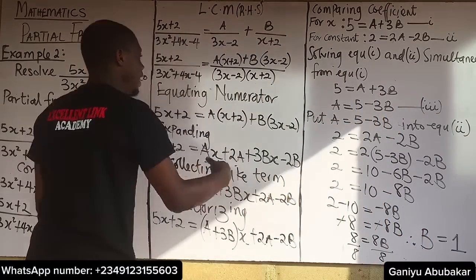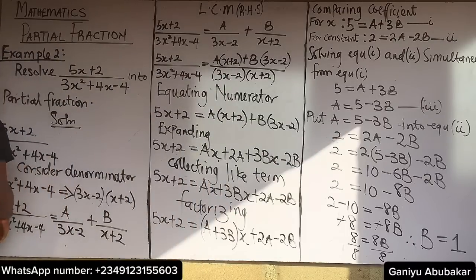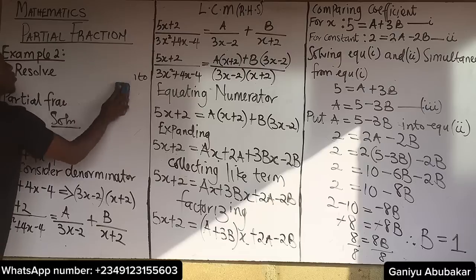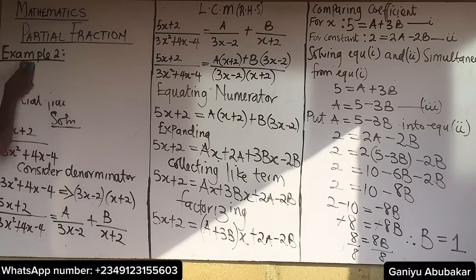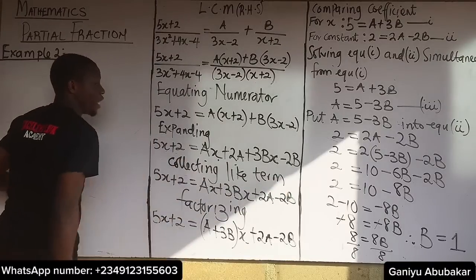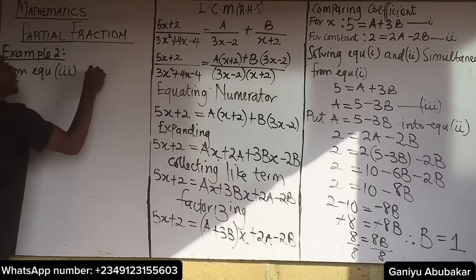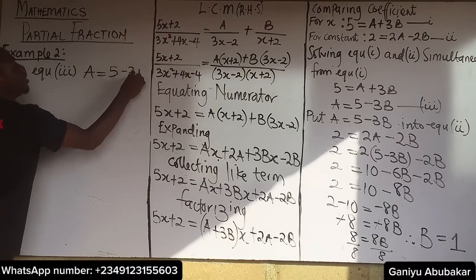All right, at this point then let's get a. So we recall from equation 3. From equation 3, what we know is that a is equal to 5 minus 3b.